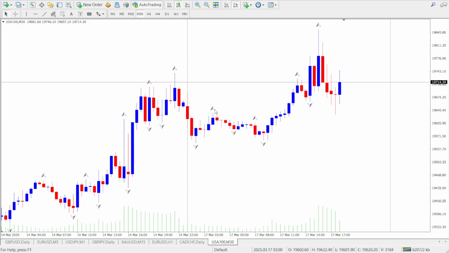Okay, while a bearish fractal forms when a bar is flanked by 2 bars with higher lows, lower highs, indicating a possible downward reversal.